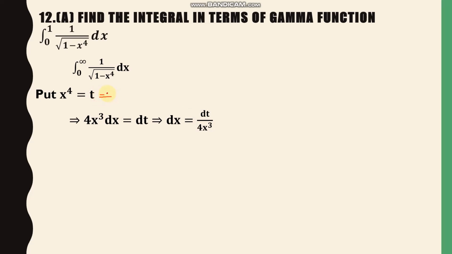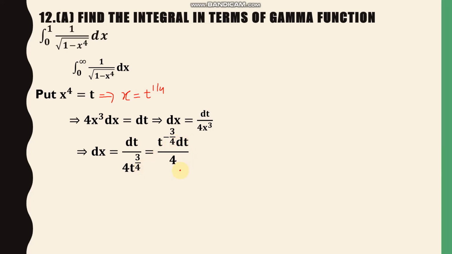From here, x is t to the power 1 by 4. So x cube is t to the power 3 by 4. So dx is dt upon 4 t to the power 3 by 4, which is t to the power minus 3 by 4 dt by 4.